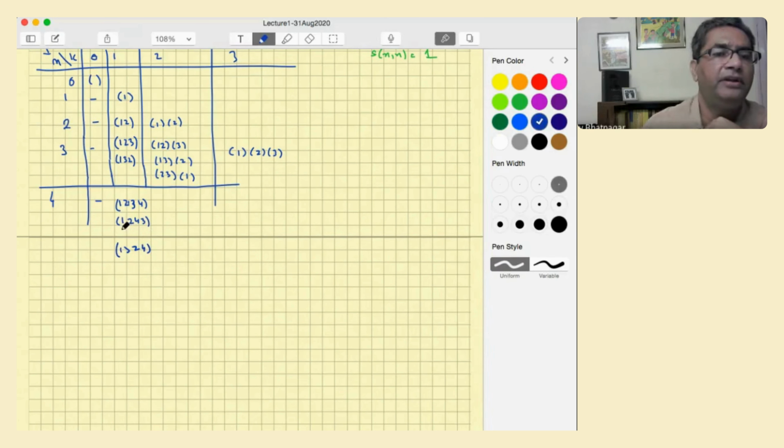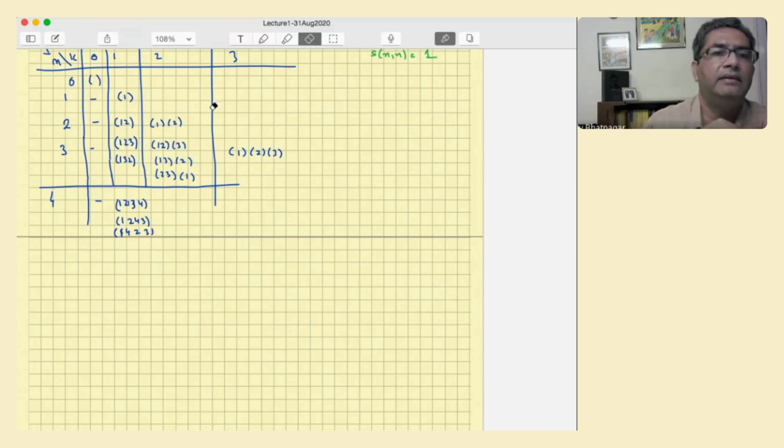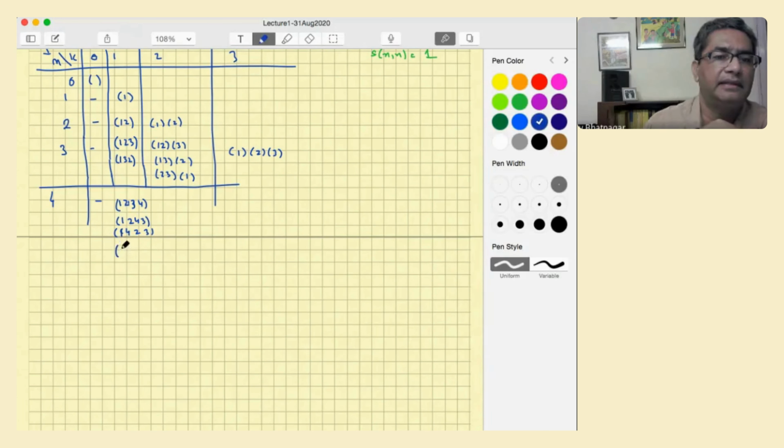Oh, one more here, 1, 4, 2, 3. And I can do 4, 1, 2, 3. So I can just place a 4 anywhere over here. And then I can also do the same over here: 1, 3, 2, 4, 1, 3, 4, 2, 1, 4, 3, 2, 4, 1, 3, 2.